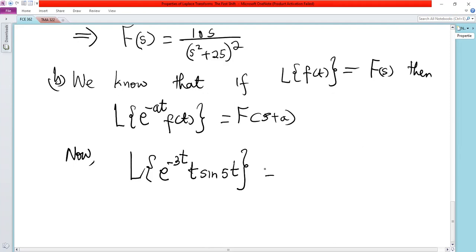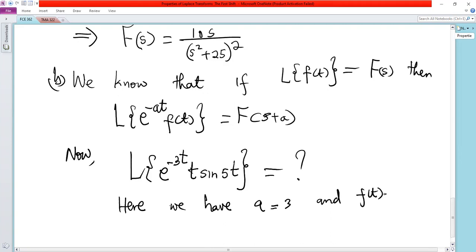Here, if we compare this and this one, we see that a will be the same as 3, and f of t is the same as t sine of 5t.